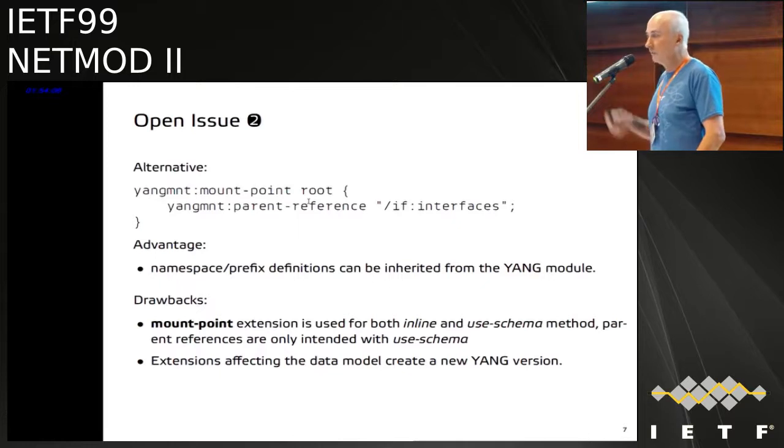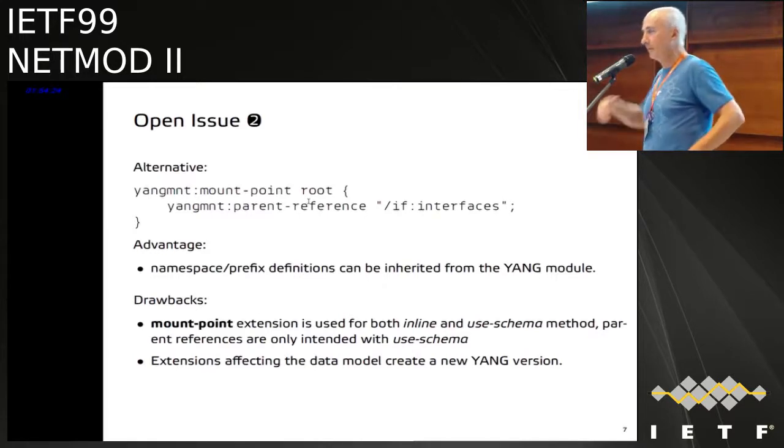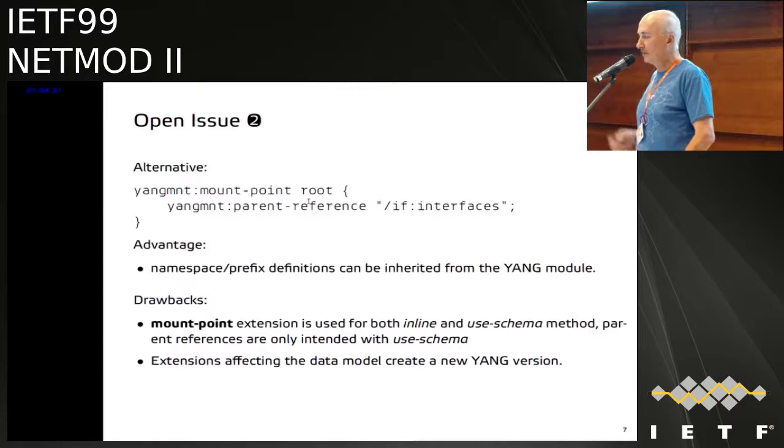So, of course, the advantage would be that in a Yang module, we already have some namespace declarations, mapping of prefixes to namespace URIs. So in this case, we wouldn't need those namespace prefix definitions separately in state data. They could be inherited from the Yang module where the mount point statement appears. But there are drawbacks also.